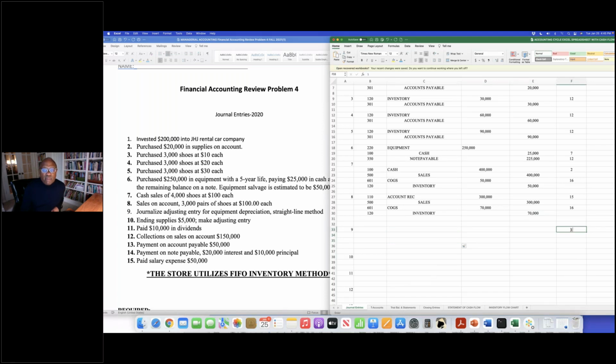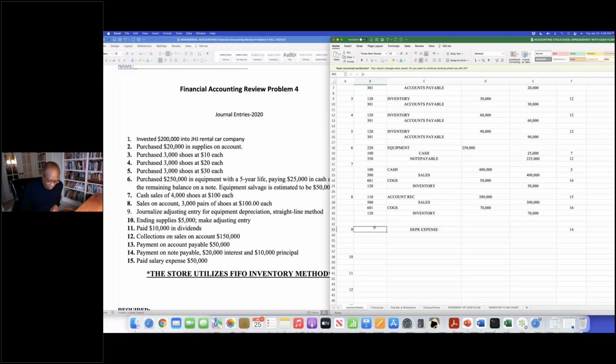We're going to debit depreciation expense. What's our account number? 615. And what are we going to credit? Accumulated depreciation. So we're going to credit accumulated depreciation.